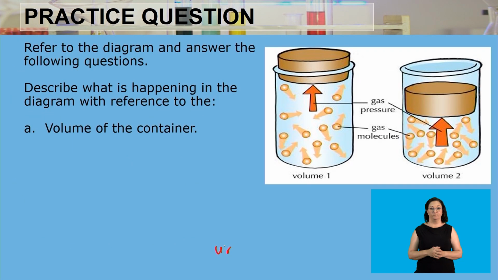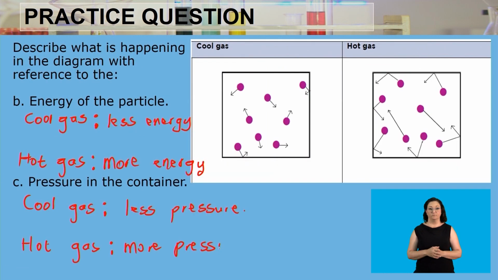There's going to be more pressure when the gas is hot. So let's quickly write that. Pressure. So that's what is going to happen when the gas particles in the container are hot, and also when the gas particles in the container are cold or cool. The difference in terms of the energy will result in the difference in terms of the pressure.